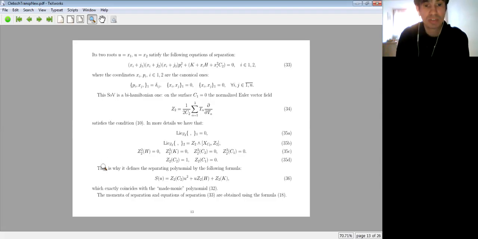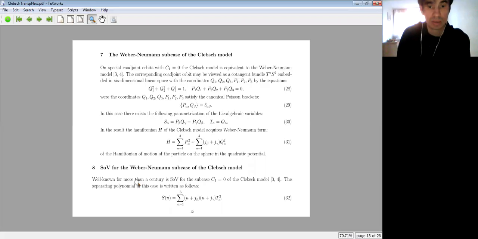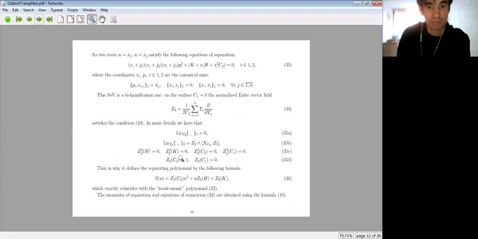That is why I define the separating polynomial by the previous formula, acting on the Casimir C2 of U. And we have formula 36, which indeed coincides with the well-known polynomial 32 after making it monic, that is, making the highest coefficient equal to 1.